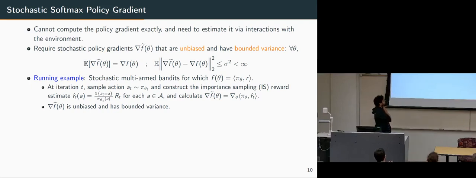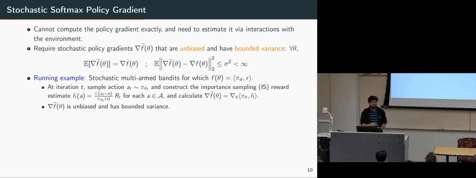An example throughout is multi-arm bandits, for which F theta is pi transpose R. In this, the overall algorithm is that you sample an action according to this policy, calculate the importance sampled reward estimate. R_t is the reward you get when you sampled the particular arm at this particular iteration. This ensures unbiasedness, and then just calculate the gradient in the usual way.